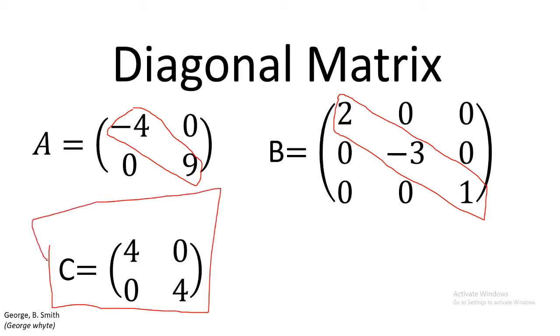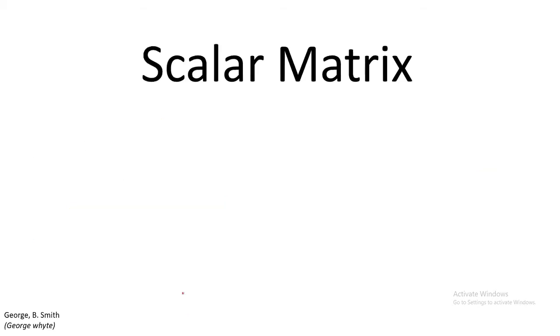If you look at the difference between this diagonal matrix and the other one, you notice that the elements of the diagonal are the same value. It could be 5 and 5, 7 and 7, 10 and 10. If they are all the same, that leads us to the next type of matrix, the scalar matrix.